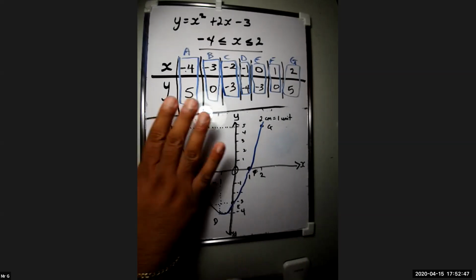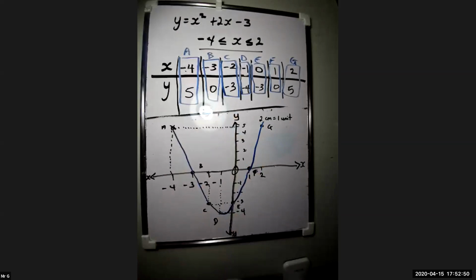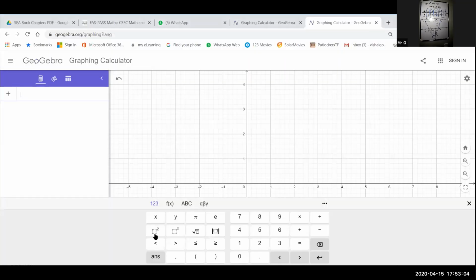So yes, this is how your graph will look after you are finished, right? So let's just see how it will look professionally done on a graph paper. Right, so let me just input my values here.